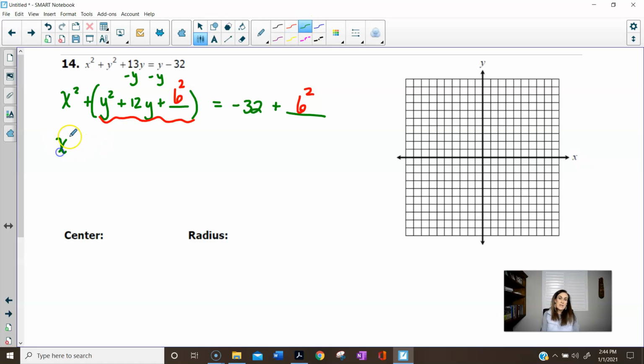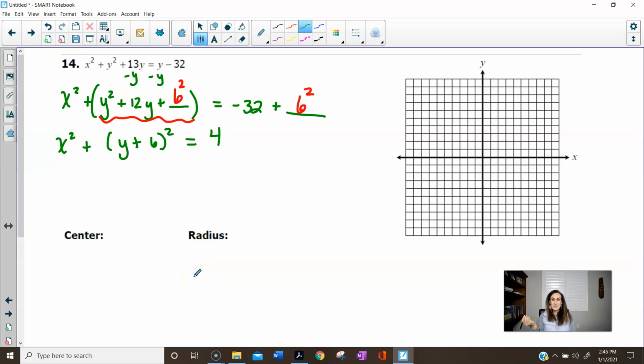And so we have x squared plus, and y plus 6 times y plus 6 is going to give me y squared plus 12y plus 36 equals, and then -32 plus 36 is 4. So now it's looking perfect.